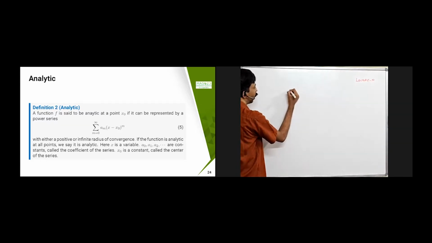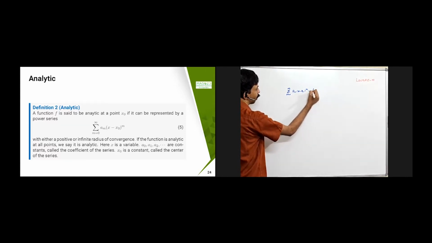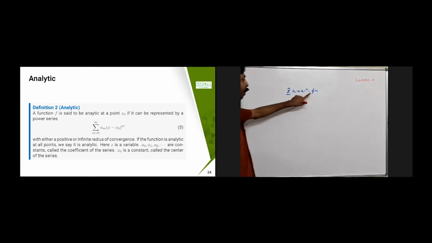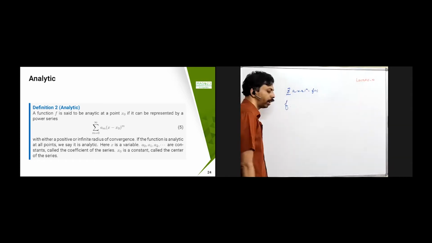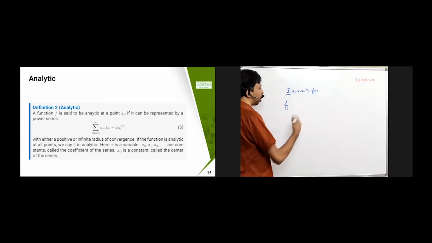So you remember this one. Initially I have written the summation m equal to 0 to infinity a_m into (x minus x naught) power m, and if it is convergent, I have written that as f of x. Suppose a function f from R to R is given.